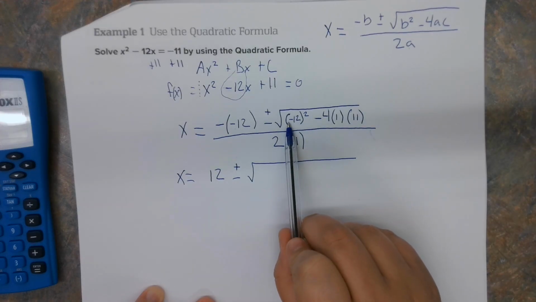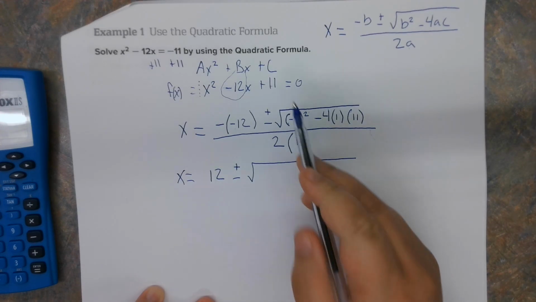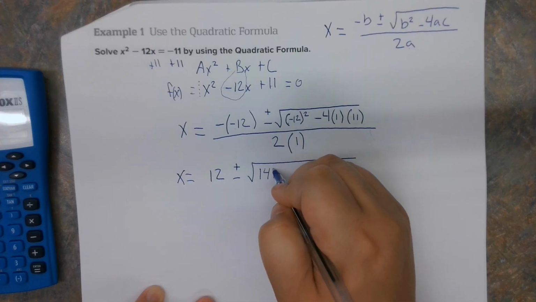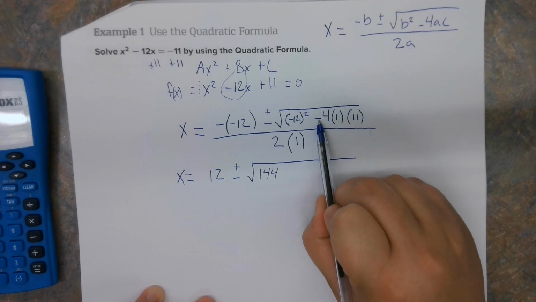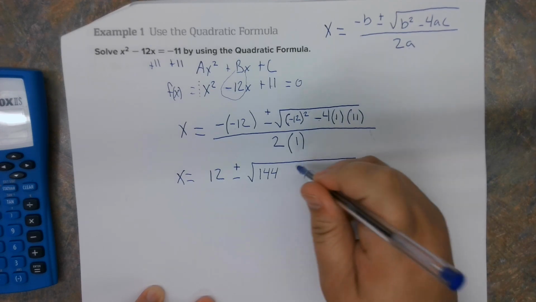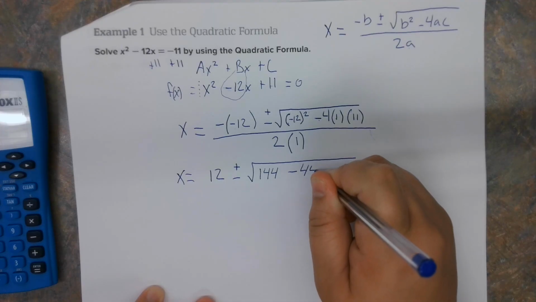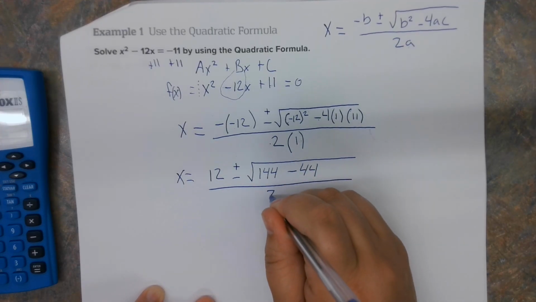This is going to be negative 12 squared. Negative 12 times negative 12 is positive 144. You can use a calculator if you don't know that one. Negative 4 times 1 is negative 4. Negative 4 times 11 is negative 44. And all of this is over 2 times 1, which is 2.